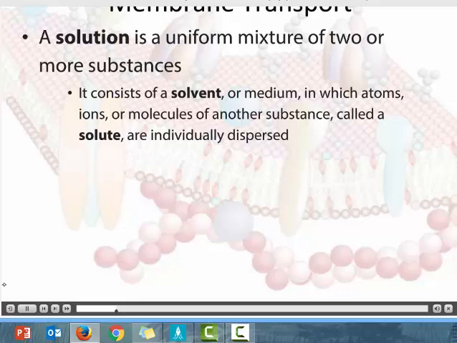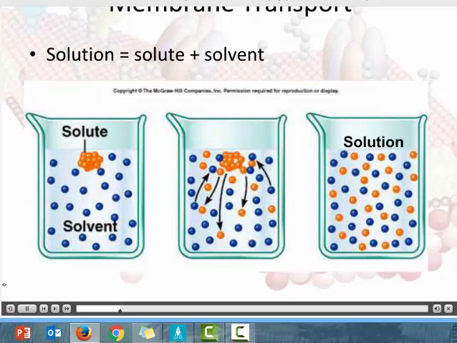Potassium is going to be another common solute, as well as glucose. So those substances are being dissolved, and our solvent is going to be our fluid. Most frequently in the body, our solvent is going to be water. So our water plus our solute is going to make a solution.